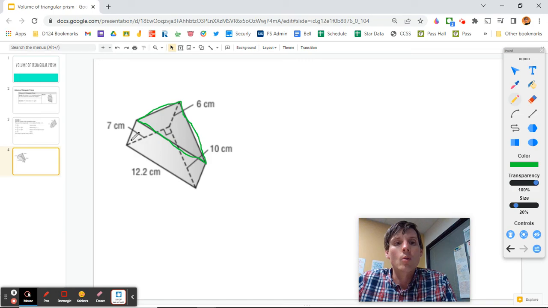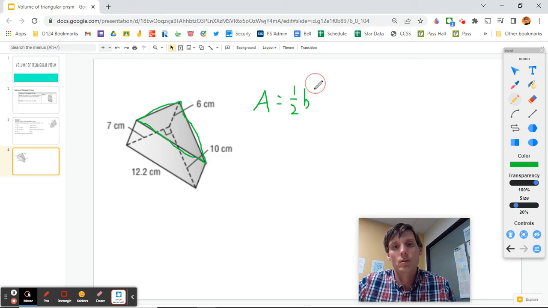Right. So to find the area of this triangle here, again, area of that triangle is 1/2 BH. In this case, our base is 7, our height is 10, or 10 and 7, 7 and 10. So we do 1/2 times 10 times 7. Okay, great.